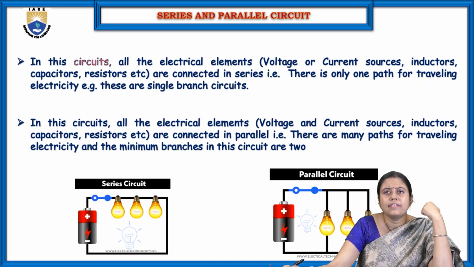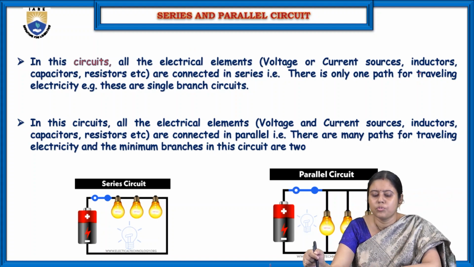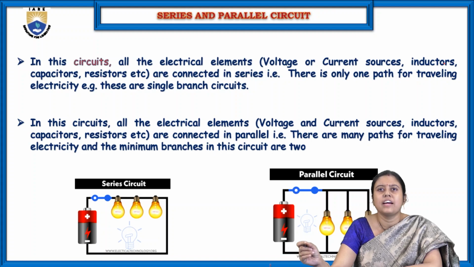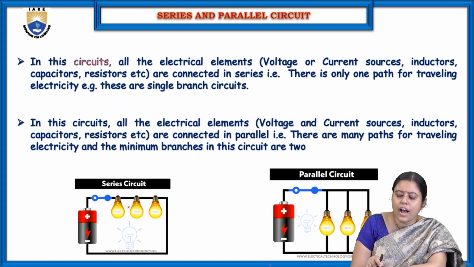These are very basic things: what is series and what is parallel. In these circuits, all the electrical elements, whether voltage and current sources, inductors, capacitors, resistors, or diodes, are connected in series. You can see this is the voltage source. All are connected in series.